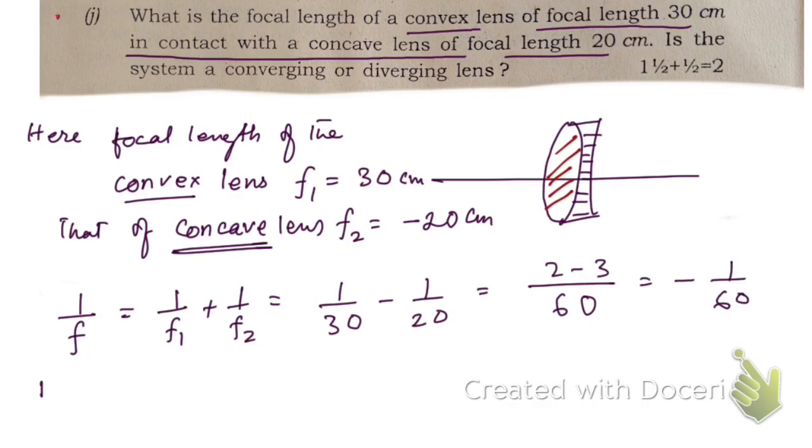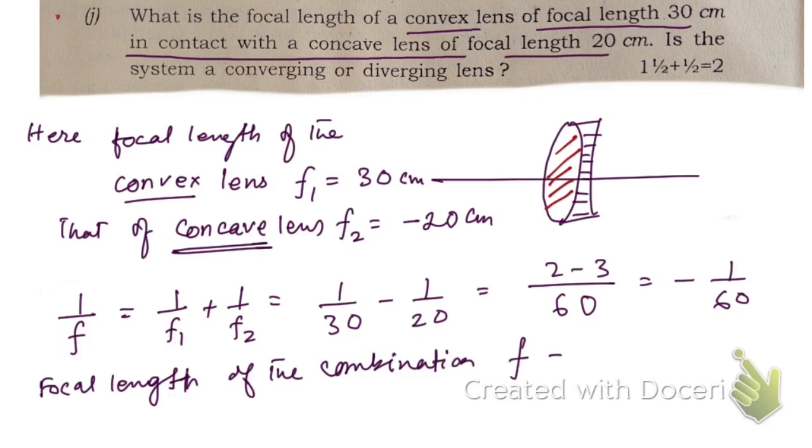So the focal length of the combination is f equal to minus 60 centimeter. We got 1 by f as minus 1 by 60, so f is minus 60 centimeter. The negative sign indicates that it is diverging. For a diverging lens, a concave lens, we know the focal length is negative.